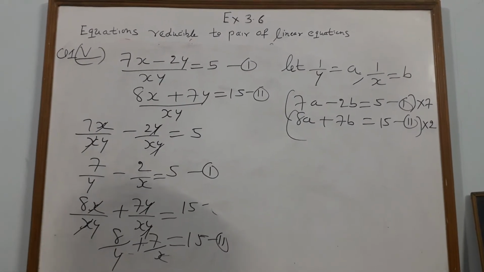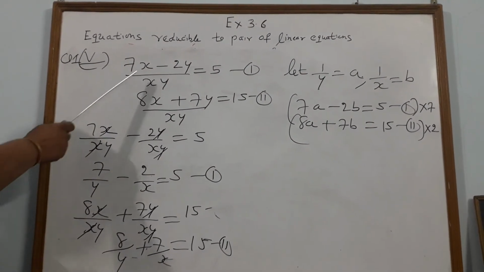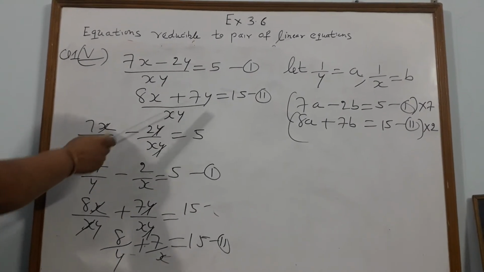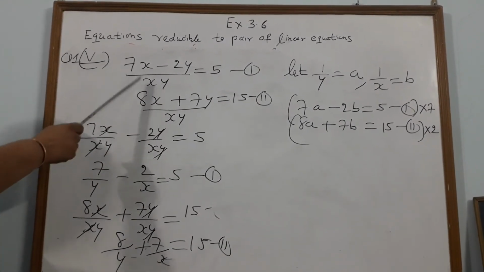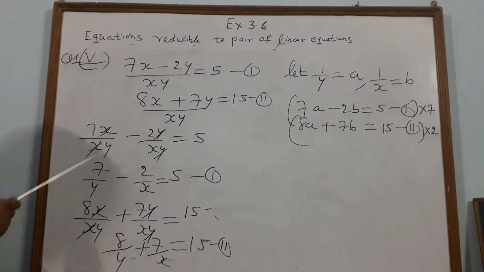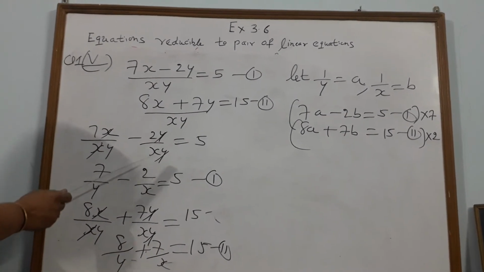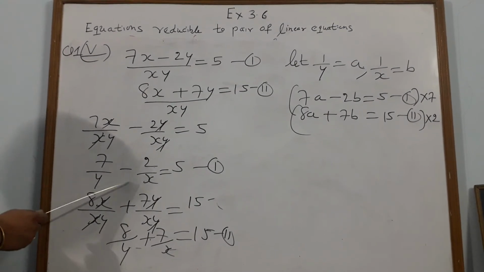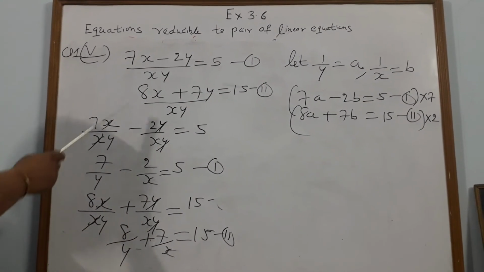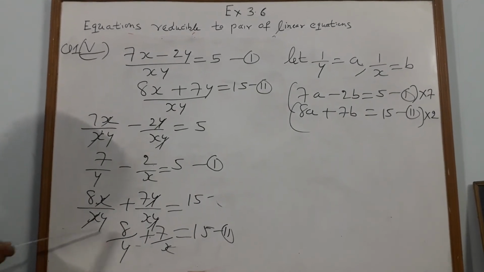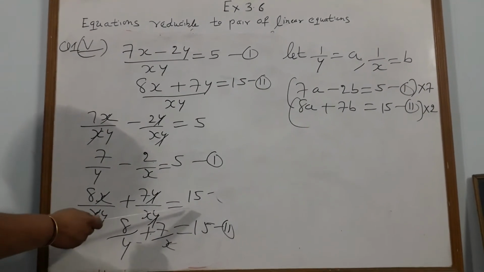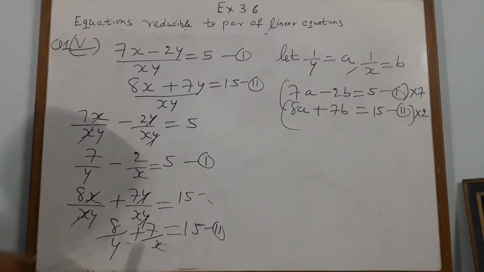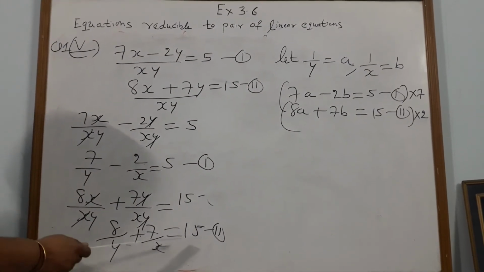So what we have done in this type of question: the question is 7x minus 2y over xy equal to 5, 8x plus 7y over xy equal to 15. We split it, wrote 7x over xy minus 2y over xy, y cancels with y, x with x, so the equation becomes 7 over y minus 2 over x equal to 5. Similarly, in the second case, 8x over xy plus 7y over xy is equal to 15. xy is written below both separately, x cancels with x, y with y, giving 8 over y plus 7 over x is equal to 15.